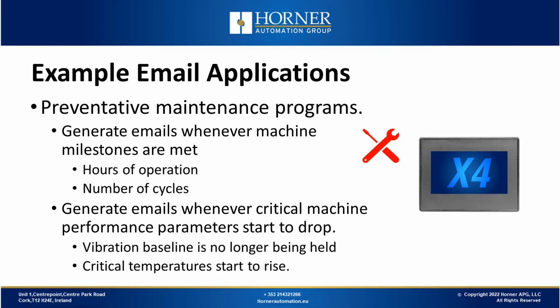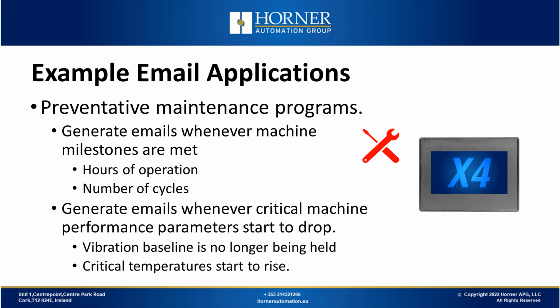You may also want to generate an email whenever a particular parameter falls out of range, like a vibration parameter that you're monitoring or a temperature parameter. If those fall out of range, you can send an email again that flags that some maintenance is required on that machine. So as you can see, generating emails from an OCS when you're controlling the machine can offer some definitive advantages.